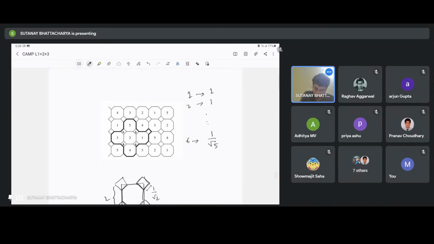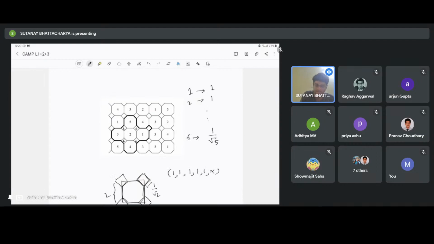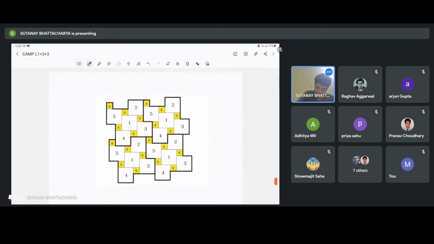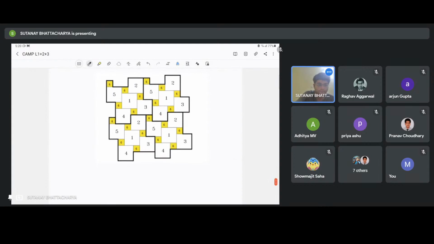Here is one more coloring which gives a type of this form. It's a rather pretty looking coloring. Let me give the dimensions of this thing.